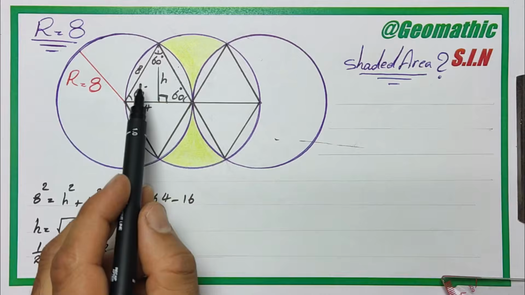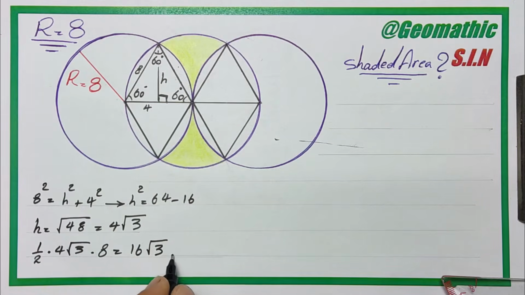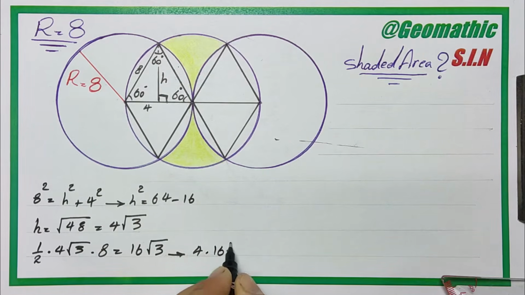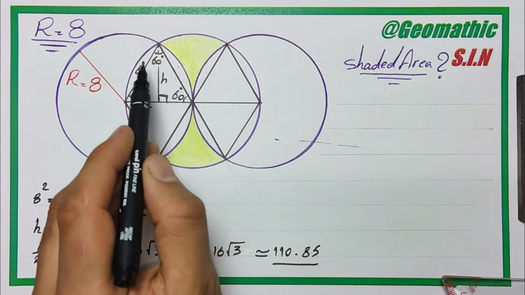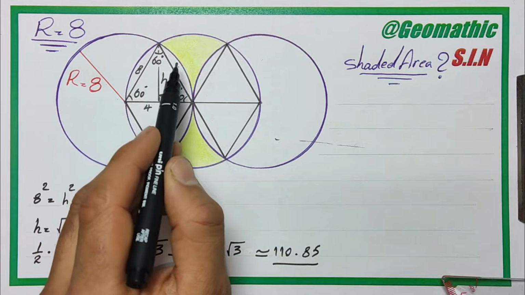And of course we have 4 triangles, so the total area equals 4 times 16 times the square root of 3, approximately equals 110.85. So remember this.